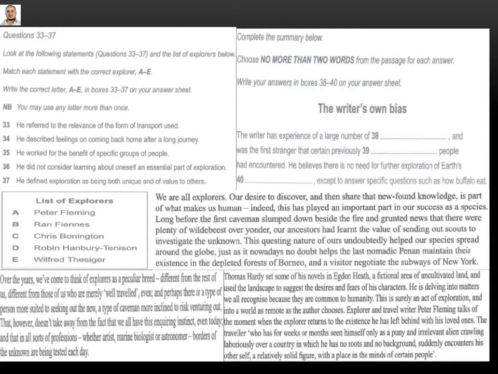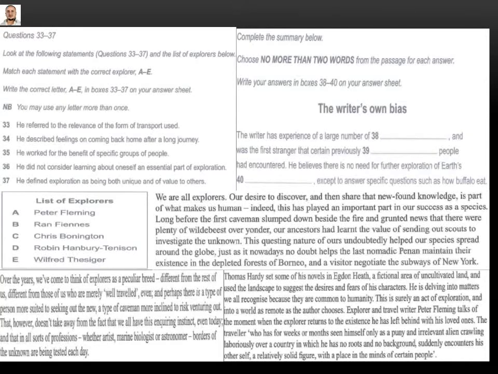So what he's talking about here is that he described feelings on coming back home after a long journey. With his loved ones, that means when he's back home after a long journey, because your loved ones are at home. That's something certain. So 34 will be A.